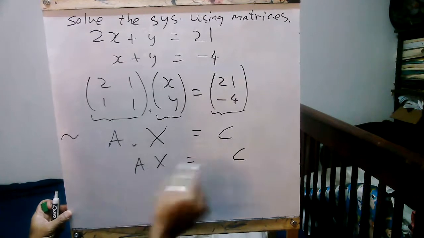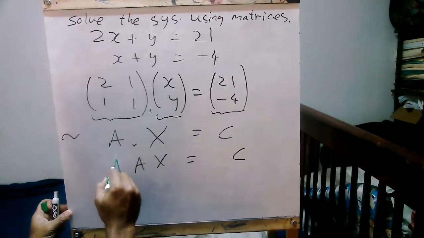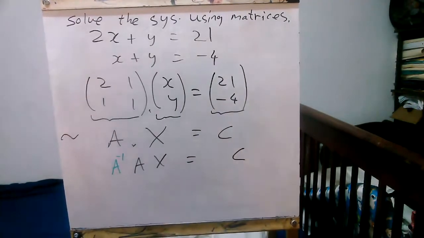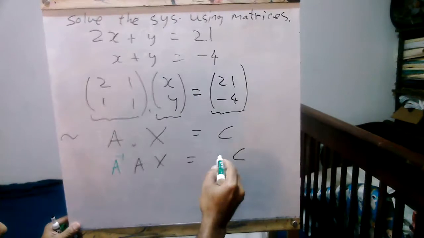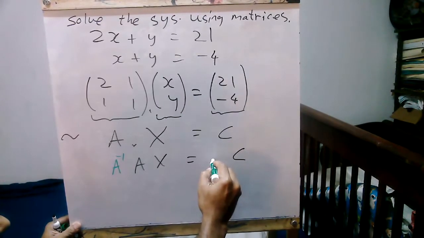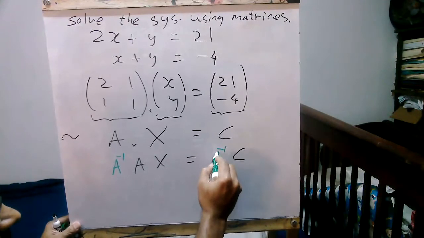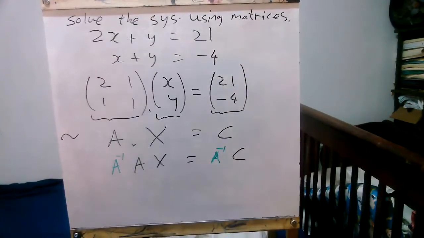As long as you multiply both sides by the same thing, it's the same. That's the property of an equation, like a balance, as we discussed. A inverse, we multiply both sides by it.